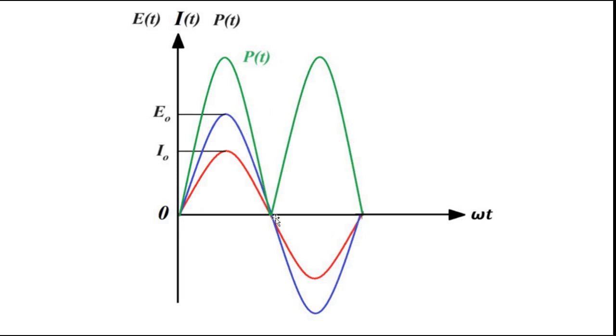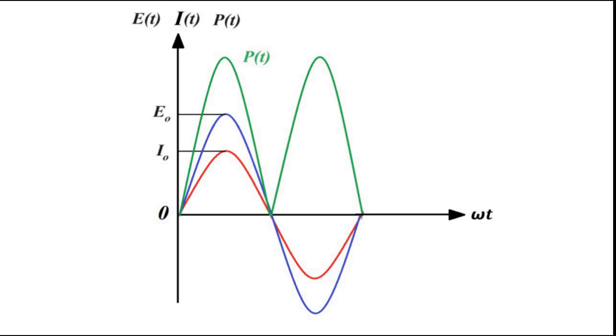The representation of the average power is through positive peaks. E(t), the blue one, is the alternating EMF, I(t) is the red one, and the instantaneous power is the green one, which is represented by positive half cycles.